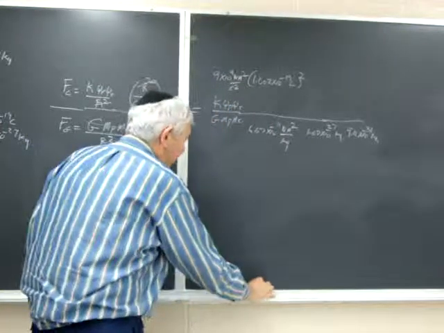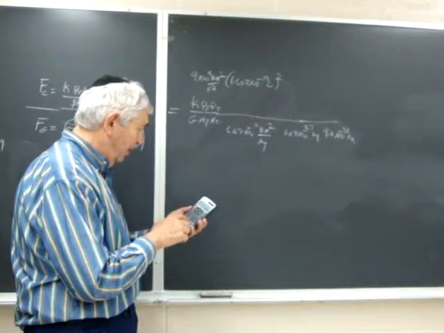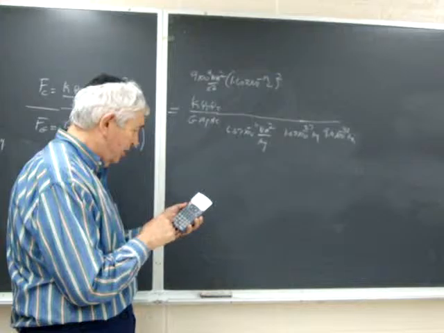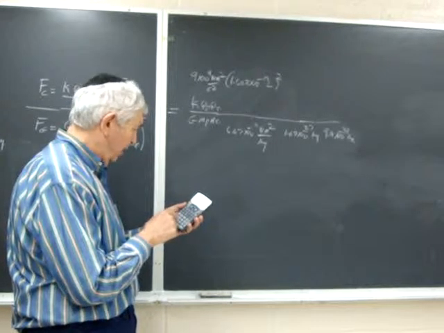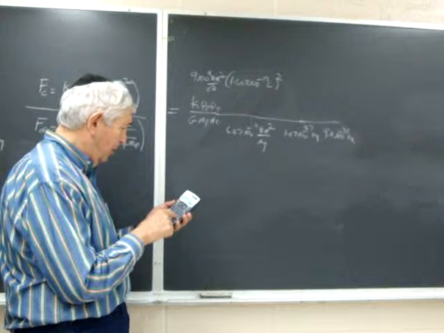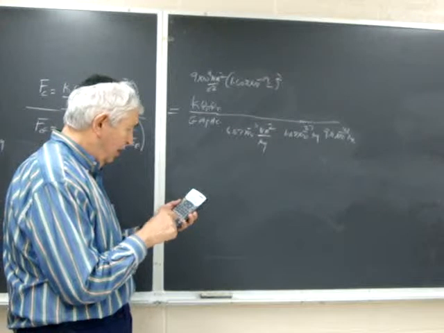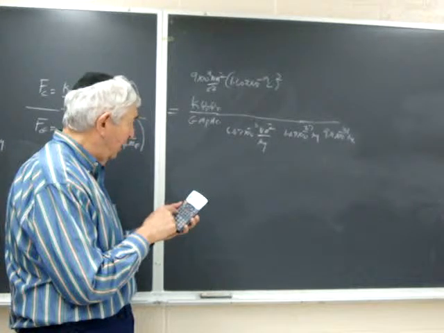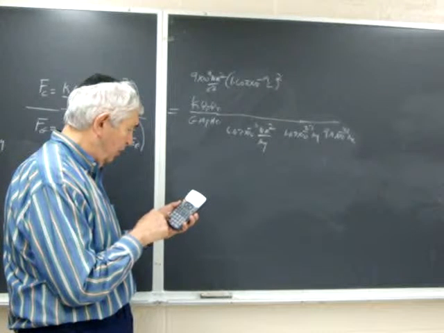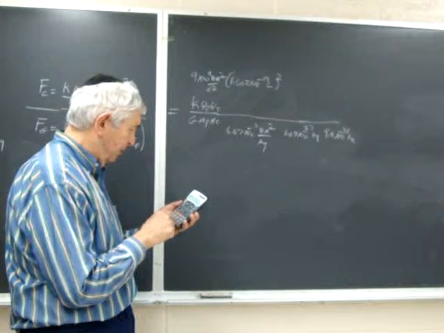So what is all of this equal to? If you take your calculator and do it with me, you have 9 times 10 to the 9th times 1.602 times 10 to the minus 19, squared, divided by 6.67 times 10 to the minus 11, times 1.67 times 10 to the minus 27, times 9.11 times 10 to the minus 31.